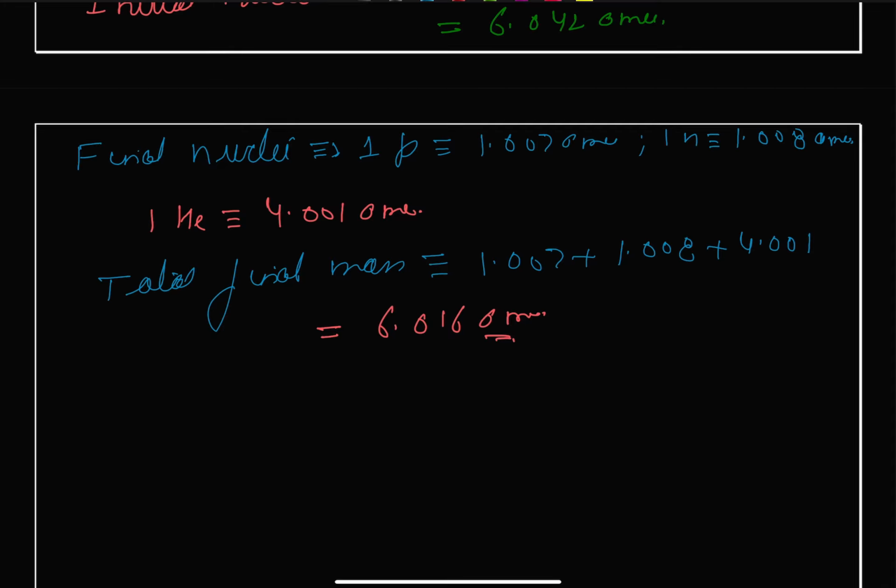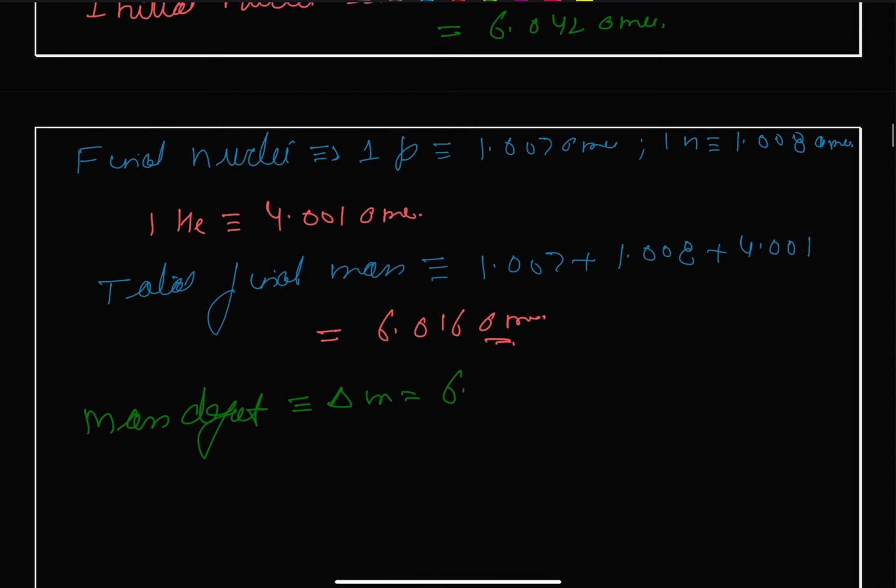Now we can easily find out our mass defect, delta M. Our delta M will be our initial mass 6.042 minus 6.016. This gives us 0.026 AMU, and this we can easily convert into joules.